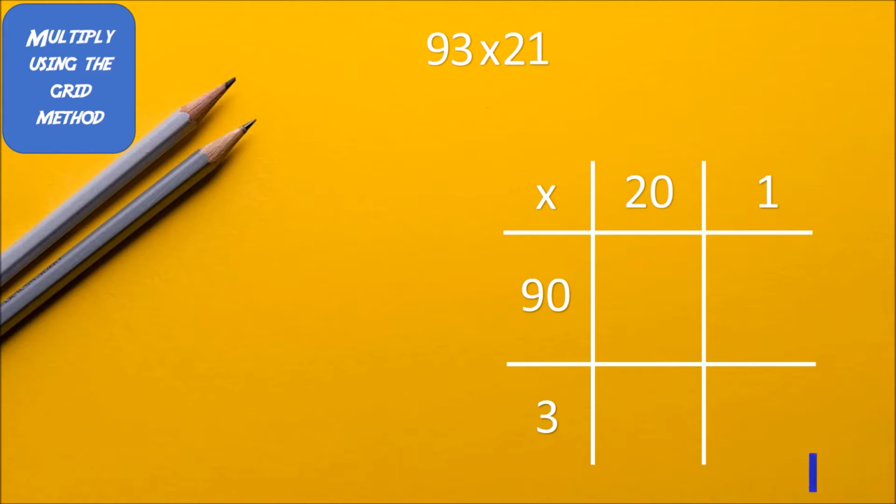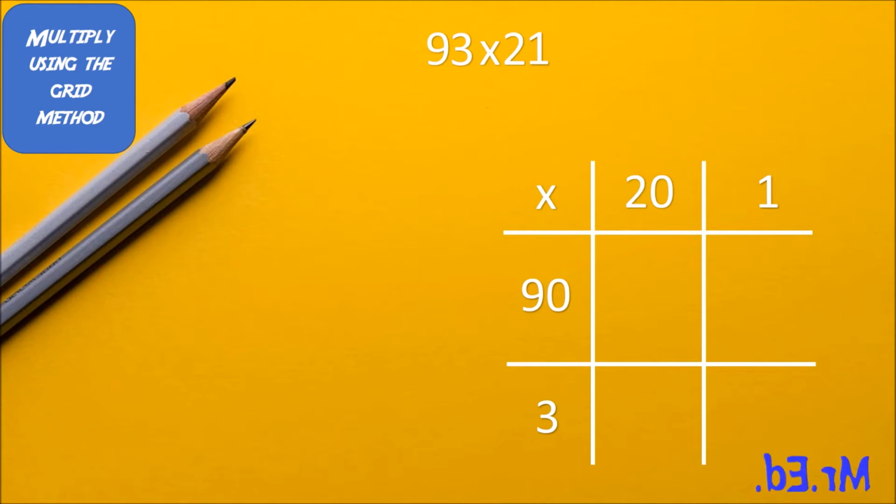So now we've plotted the partition numbers around the outside of the grid, we can now multiply them to get the answer on the inside of the grid. So let's look at 90 times 20. Now I know that 90 times 20 is 9 times 2 times 10 times 10.